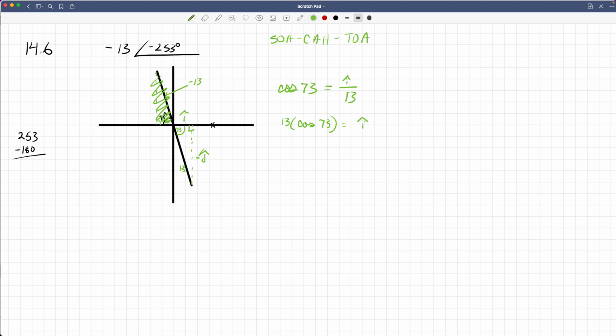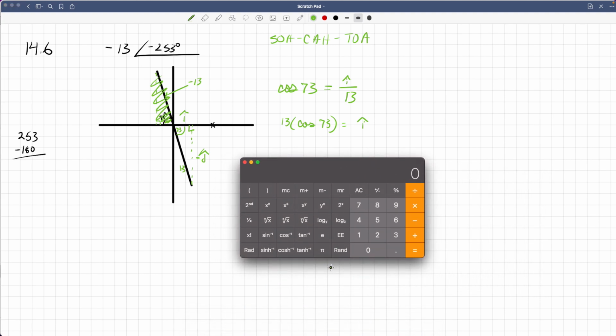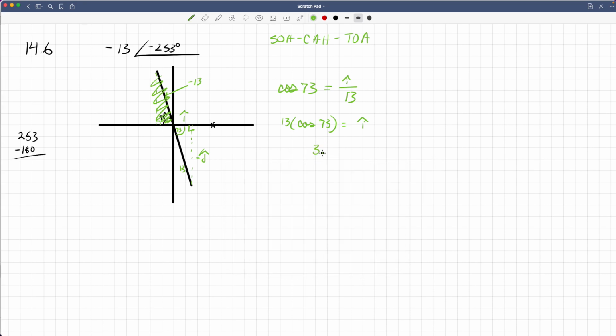So I'm going to do that like I did earlier. I'm going to say 73 cosine, times 13 equals 3.80. So that is my I value. So I have 3.8 I, and that's a positive. So that's already by itself done.